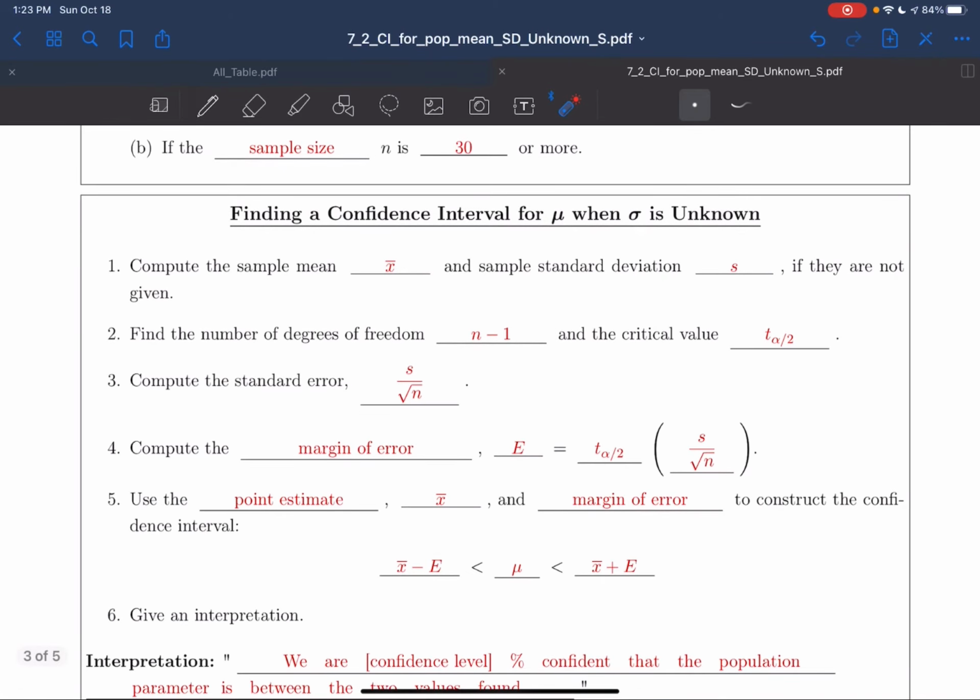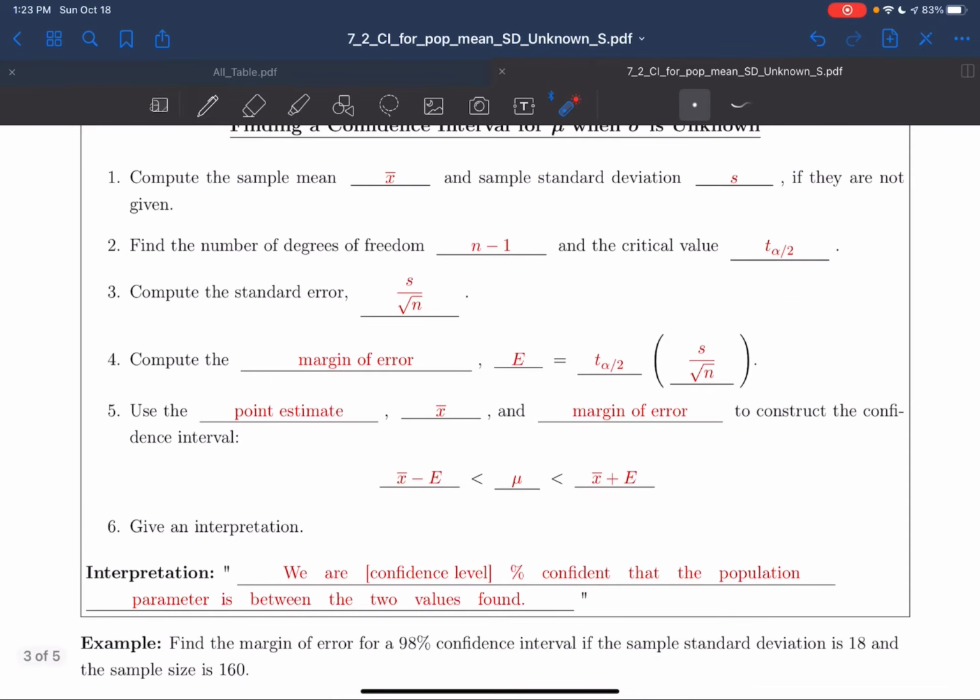So here are the steps to actually computing a confidence interval when we don't know our population standard deviation. One thing you want to do is compute the sample mean and the sample standard deviation s if they're not given. Usually they are. You want to find the number of degrees of freedom, n minus 1, and the critical value.